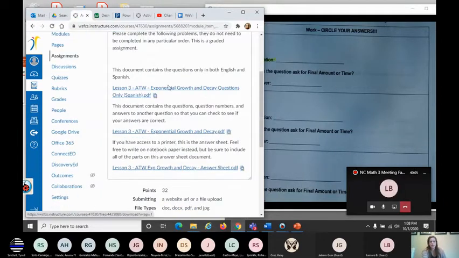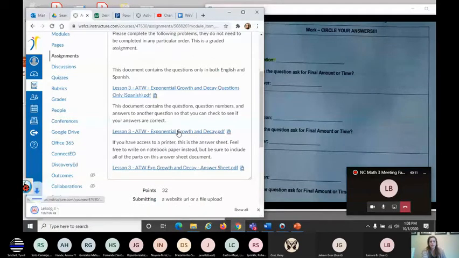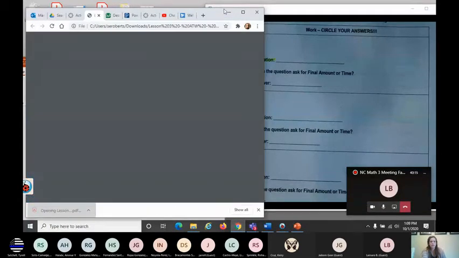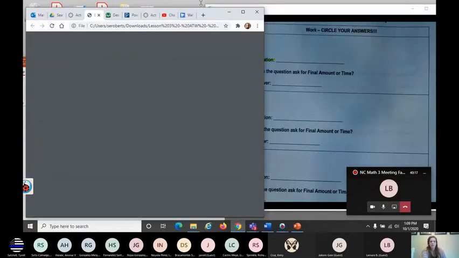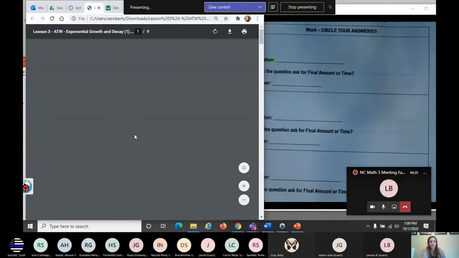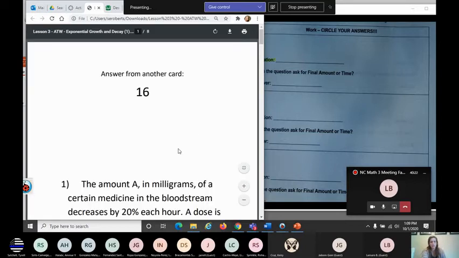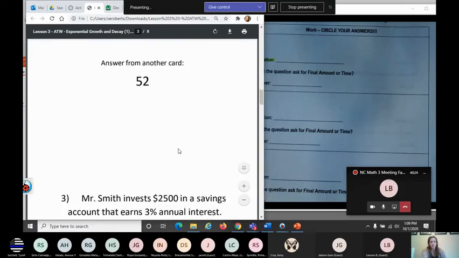Okay, so this first document has both English and Spanish, and it's just the questions. This document has the questions, and then there are answers to the questions. At the top, it's an answer to a different problem, not necessarily the problem that you're given on the sheet. So I wanted to work with number 7.